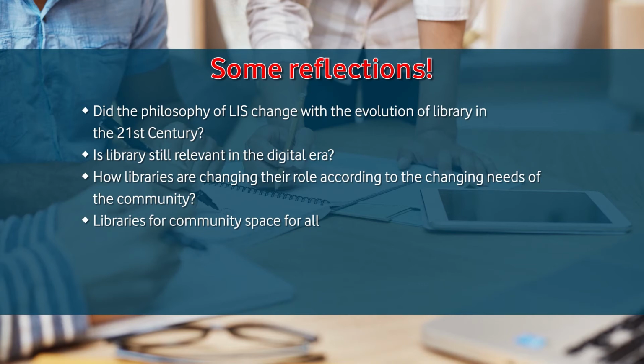We have just cited some small examples of how the libraries are changing their role in contributing to society. And libraries as a community space for all, I think this has been the consistent role of library in society. So this is just a small reflection of what we have just covered.